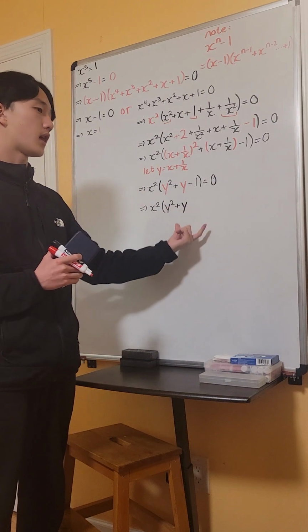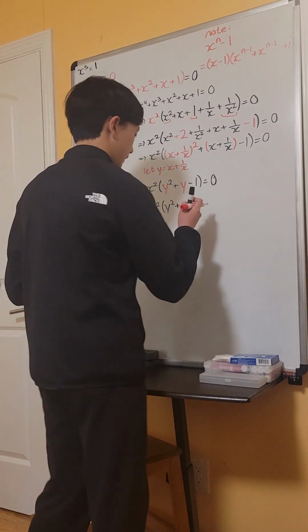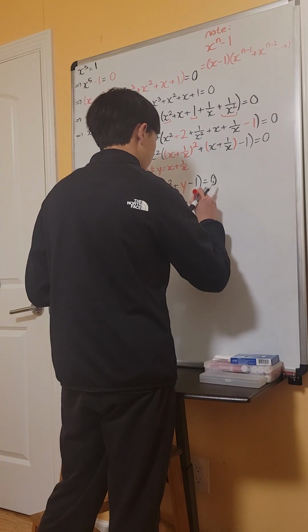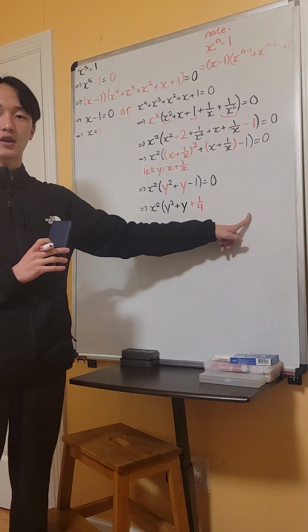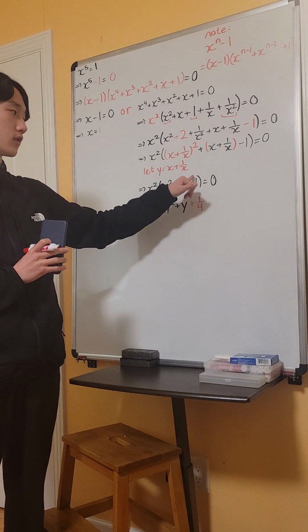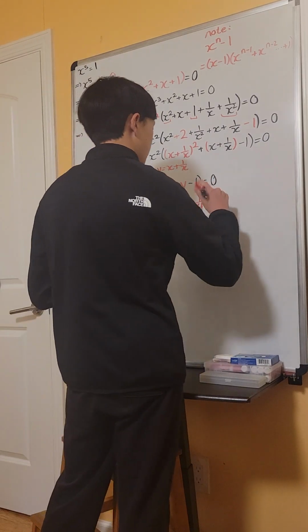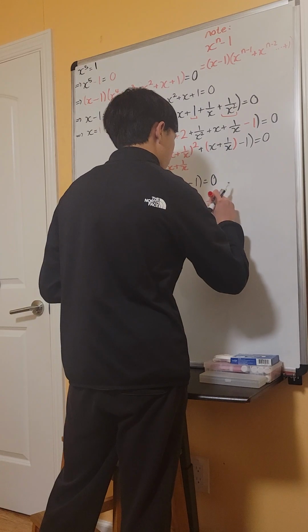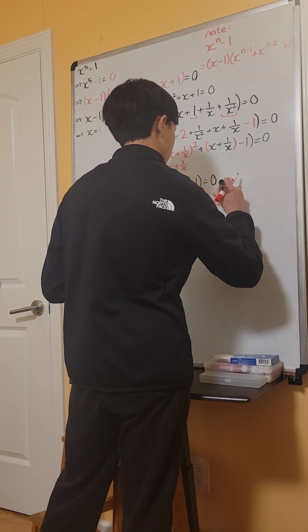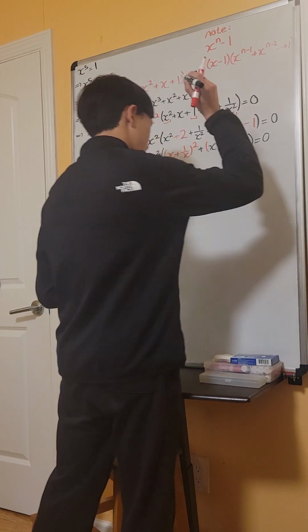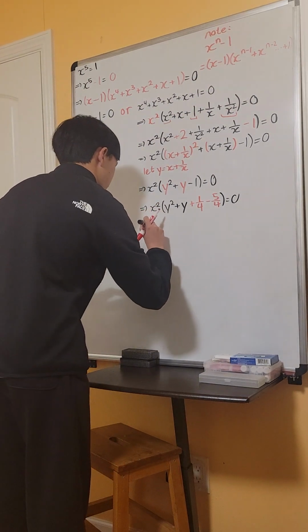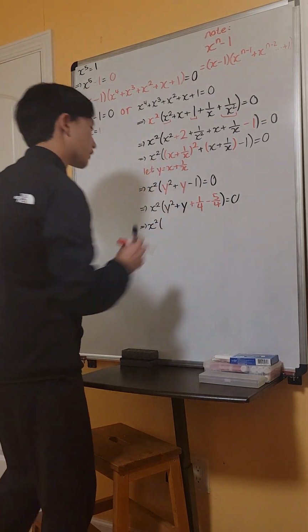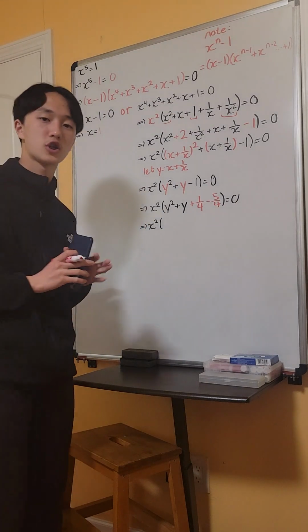Well, let's just do that right now. You would add 1/4, right? But then that means to compensate it, you have to subtract off 1/4. And subtracting 1/4 from -1, you get -5/4. Right? Okay, so that's that. And here, this is now a perfect square trinomial.